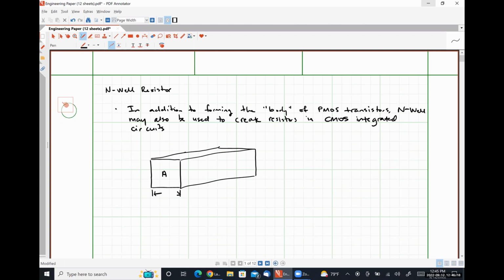The width of the face is W. The height of the face is the thickness T. And the length of the chunk of material will be L. We know that the resistance of this material, R, is given by rho E, the electrical resistivity of the material, multiplied by the length of the material, divided by the cross-sectional area of the material.